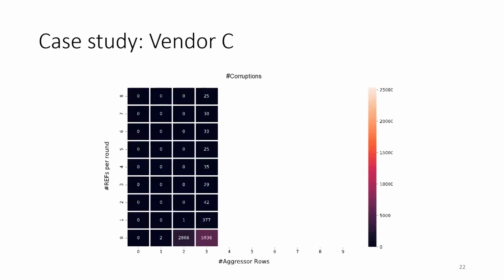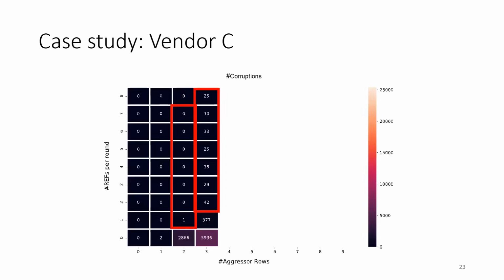Going on and increasing the number of aggressor rows even more, we start seeing something interesting again. Let's consider column 4, number of aggressors equal to 3. The number of bit flips decreases significantly when introducing up to 2 refreshes. However, it plateaus when the number of refresh operations is equal or greater than 3, without going down to 0.